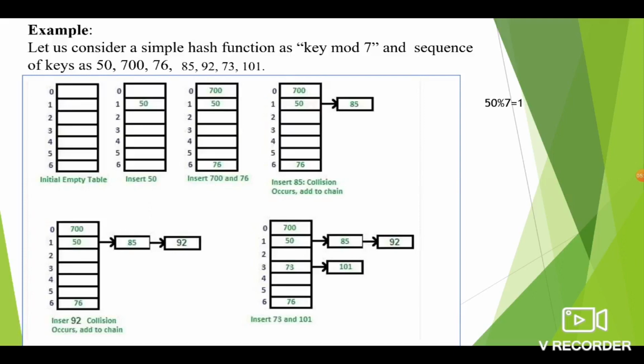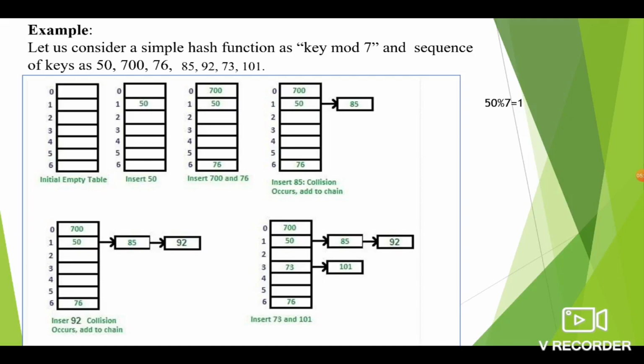Okay, we will see one example. Let us consider our simple hash function as key modulus 7. We have several keys: 50, 700, 76, 85, 92, 73, 101. All these are going to be inserted in the hash table.